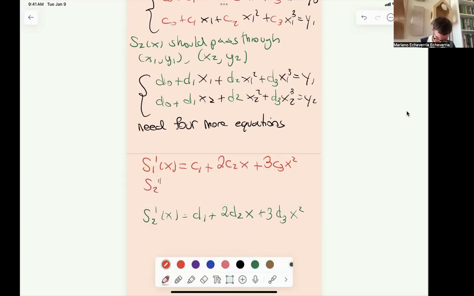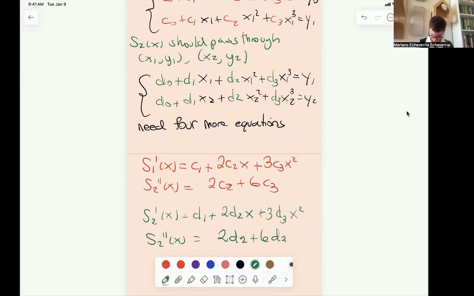So the second derivative will be, in this case, 2c2 plus 6c3, right? And the second derivative here would be, oh, I forgot the x, right? Yes, thank you. Perfect.